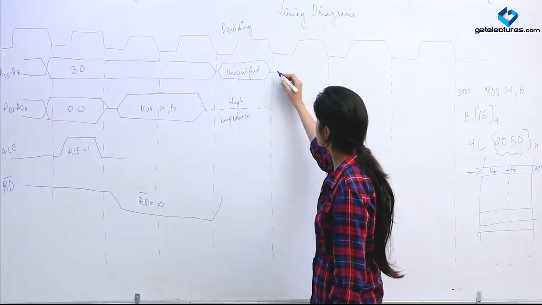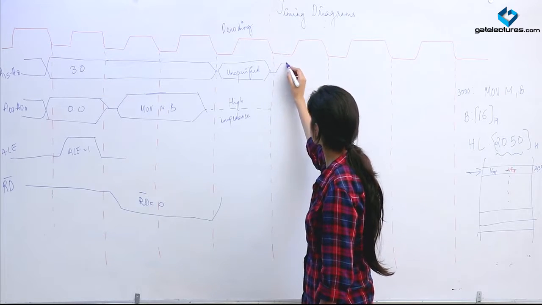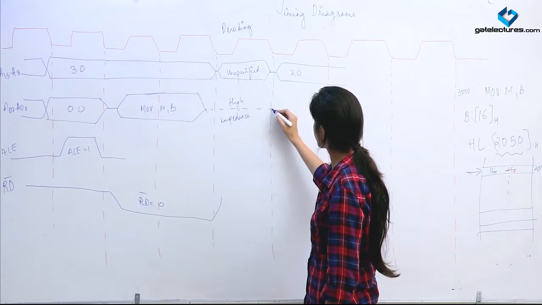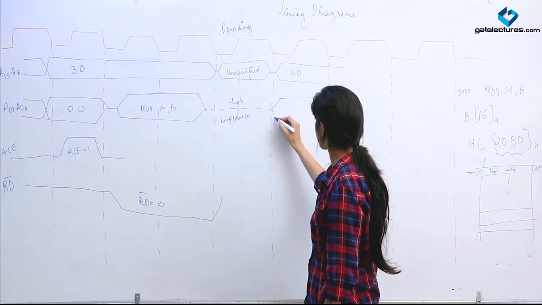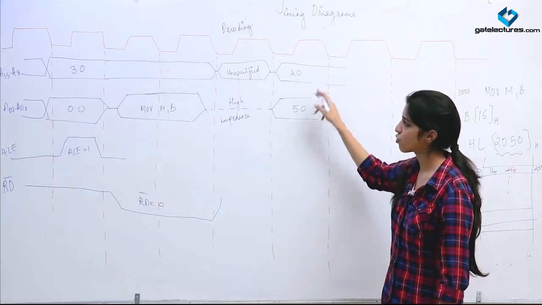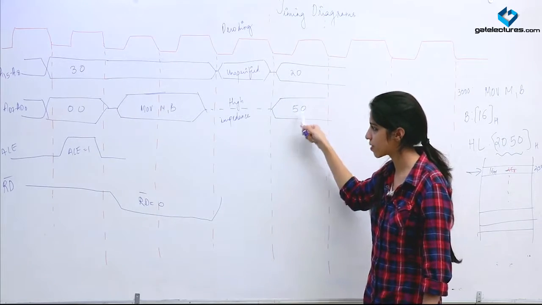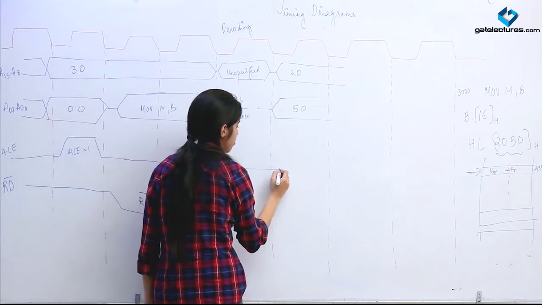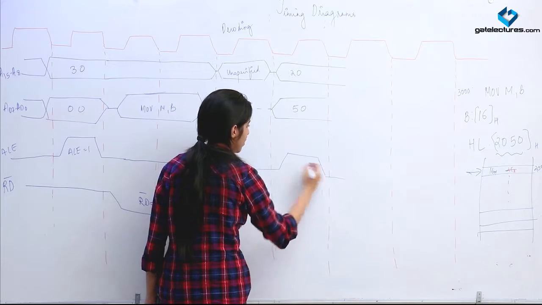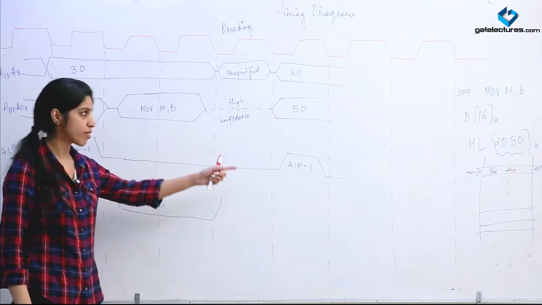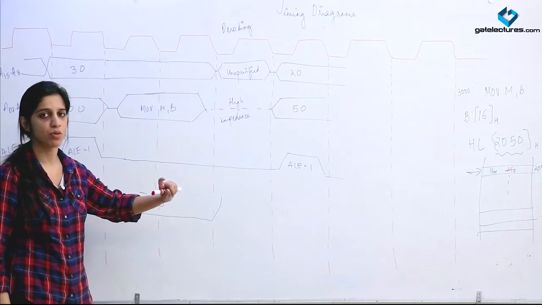So in the next cycle we have 20 and 50 on the address bus. Again, for this to behave as an address bus, we make ALE 1.